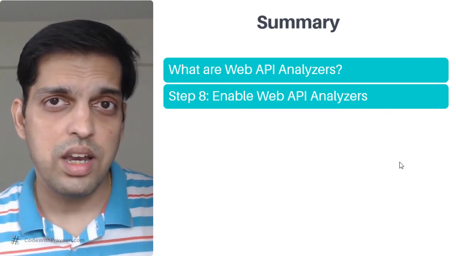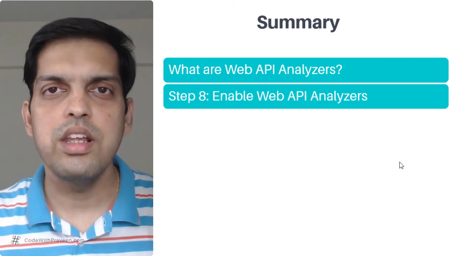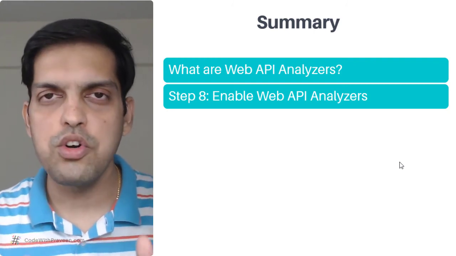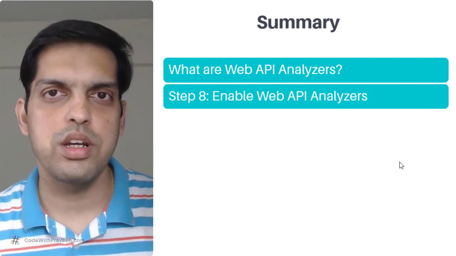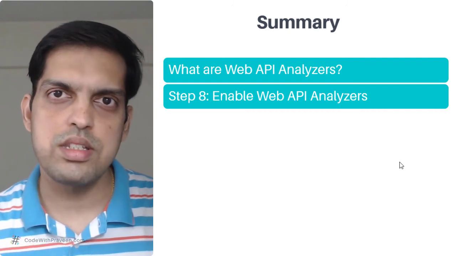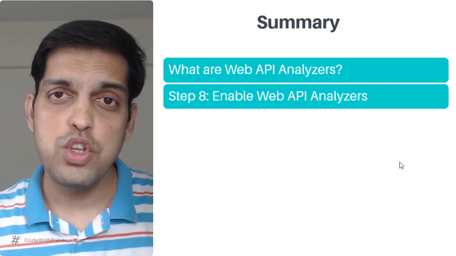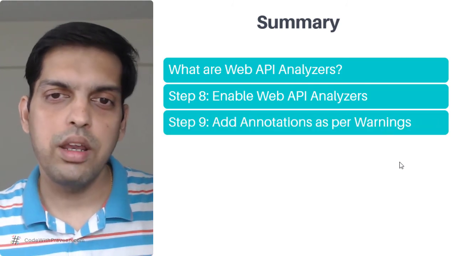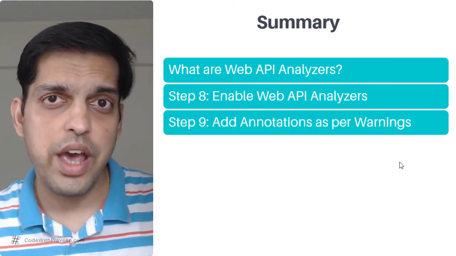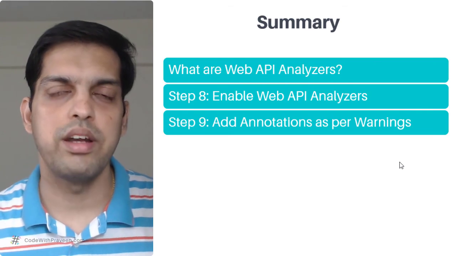Once you enable this setting in the csproj, then .NET is going to check all the controllers present in your Web API project, look at all the action methods, and then provide you with a set of warnings. Once you have these warnings, in step 9, you went ahead and added annotations as per this list of warnings provided by it.